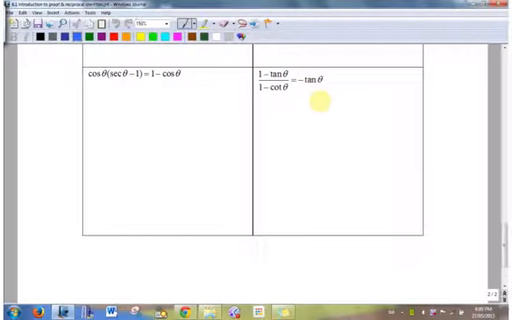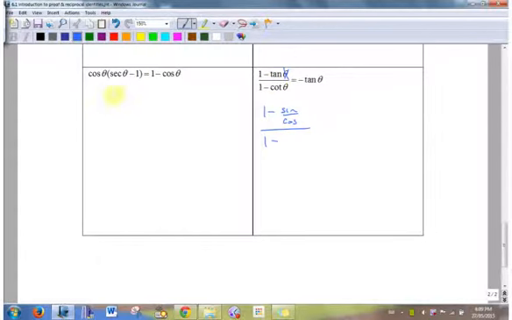Okay, I'm going to do this last problem a couple different ways. Tan, we know that is sine over cosine. Now I'm going to drop the theta. There should be a theta here and a theta there, but I'm going to be lazy and not put those in. Make it a little quicker. And that's over 1 minus cotangent.